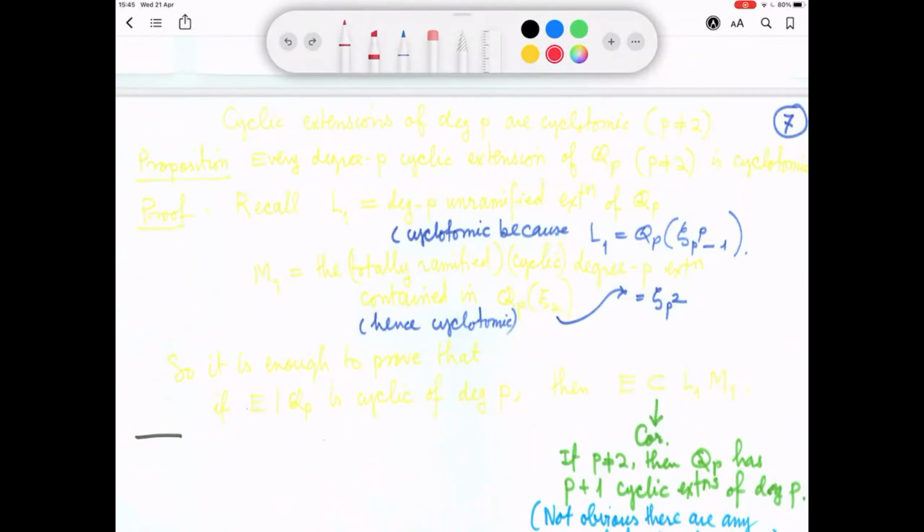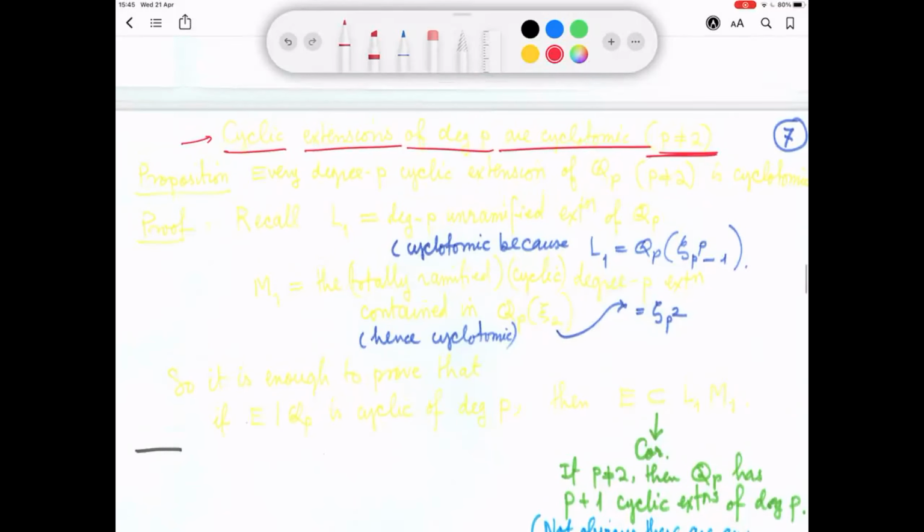So the next thing is about cyclic extensions of degree p being cyclotomic. We are looking at the case p different from 2, and we are going to show that cyclic extensions of degree p are cyclotomic. All of this today is about extensions of Qp.